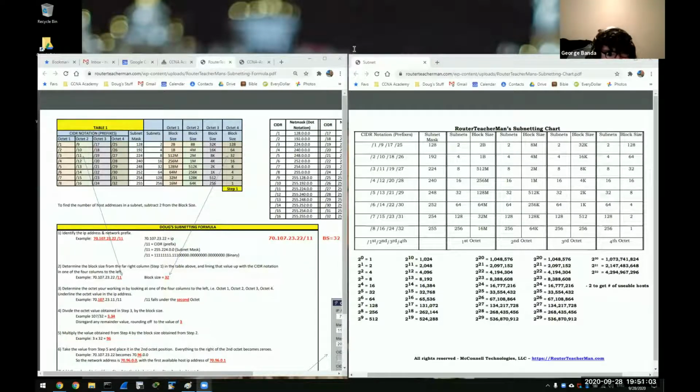We discovered that the 11 falls under the second octet. So let's do that. Second octet, right? The next step is we take this number, 107, and we bring it down.